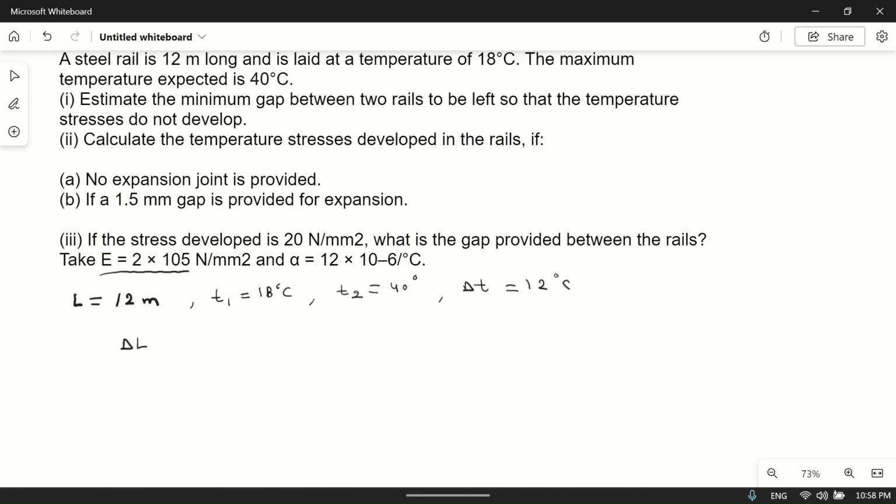Increase in length is equal to alpha into L into delta T, so alpha is given as 12 into 10 to the power minus 6 into L is 12 meter.